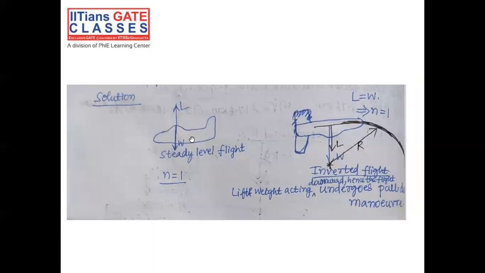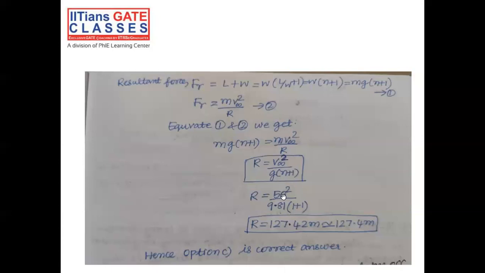Substituting v equal to 50 meter per second and g equal to 9.81. Initially it was in a level flight, and it took an inverted turn. So for a level flight, load factor is nothing but 1. Substituting load factor equal to 1, my turn radius becomes 127.42 meter, approximately 127.4 meter.